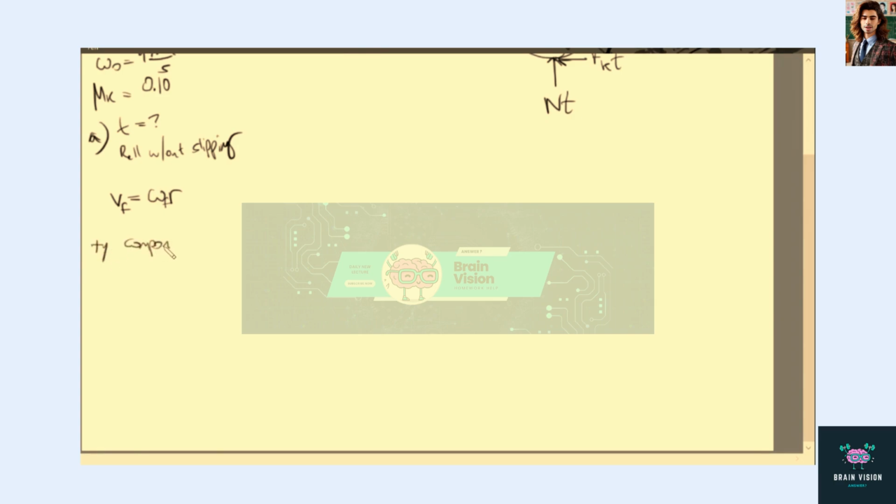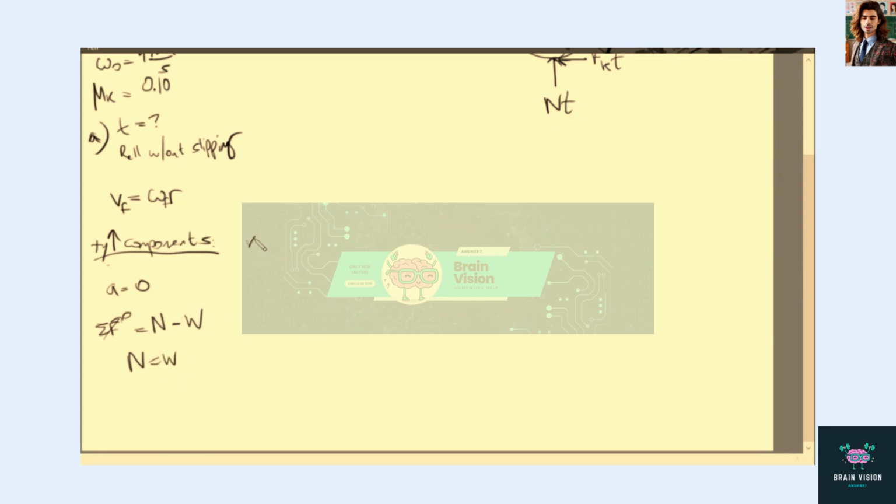We know that the acceleration is 0 in the y direction, so the net force is also 0. The net force is N minus W, because this is positive y, so N is equal to W.